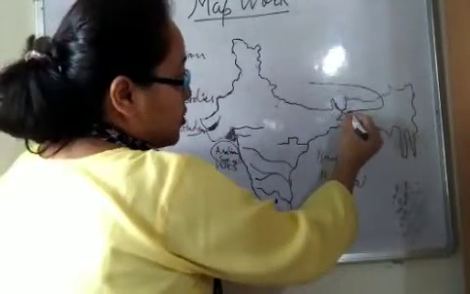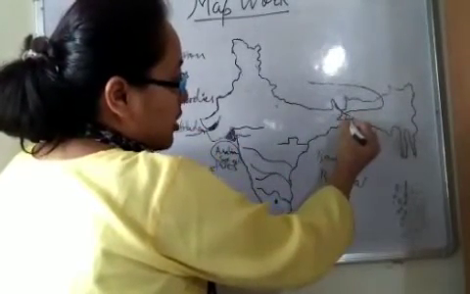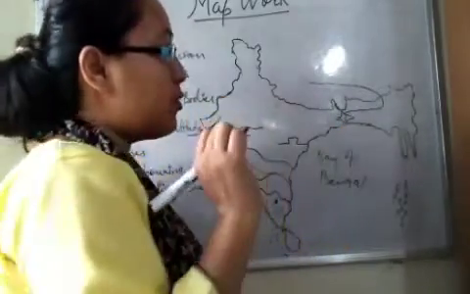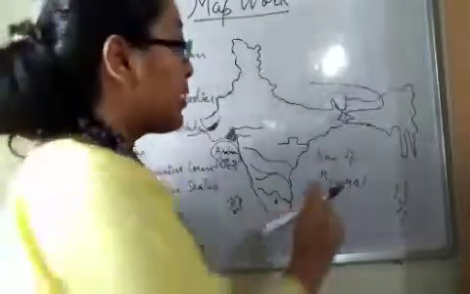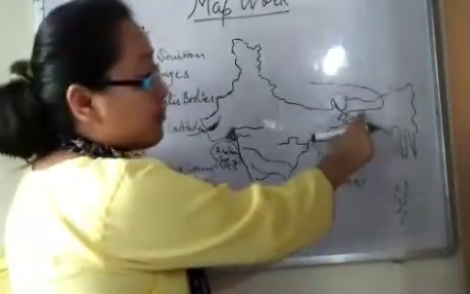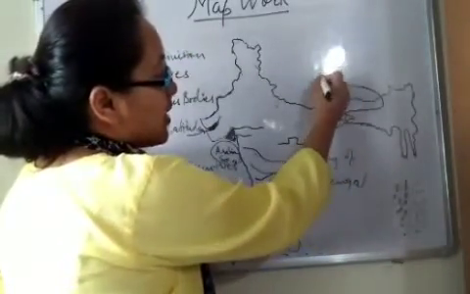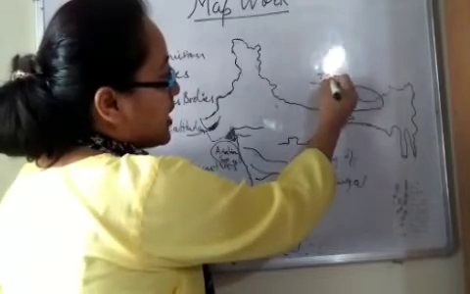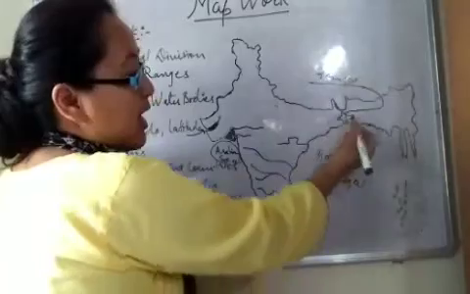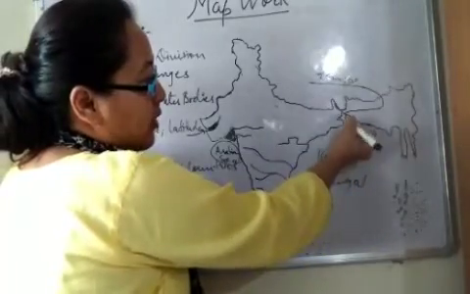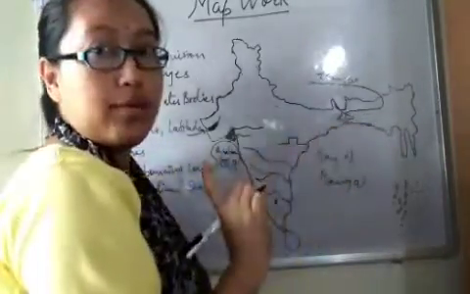And when this river enters Bangladesh, it is known as Jamuna. So Brahmaputra has got three names: Brahmaputra in India, in Assam; Tsangpo in China, Tibet, where the T is silent; and in Bangladesh, we call it Jamuna, right?